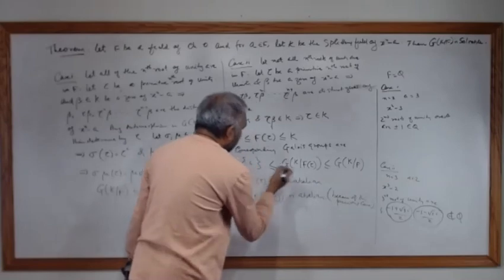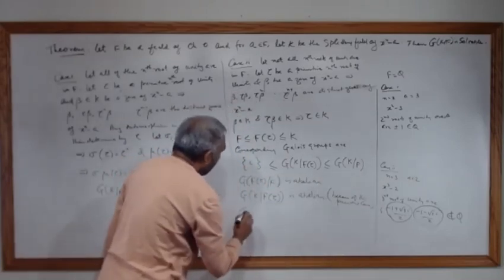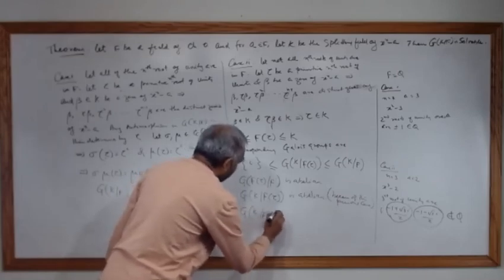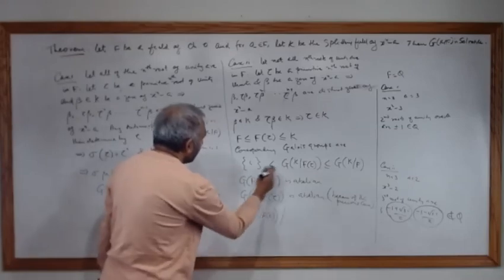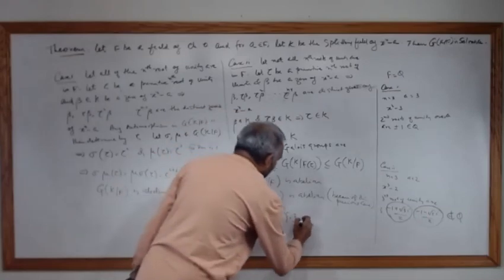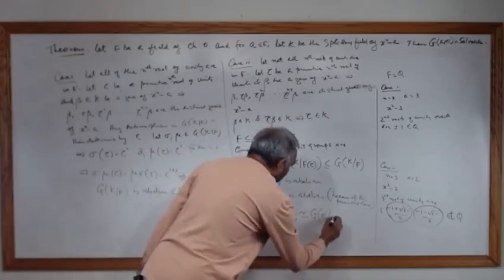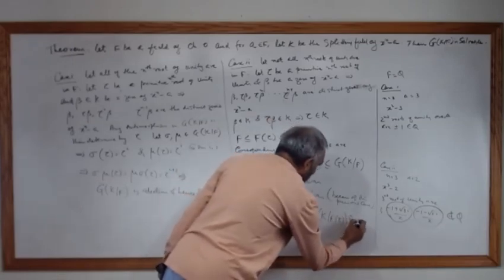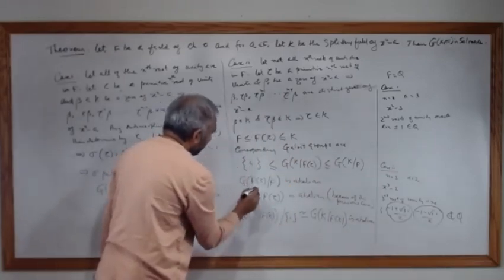Okay, this factor group, G of K over F of zeta over the identity group, is isomorphic to G of K over F of zeta, which is abelian. So this part is done.